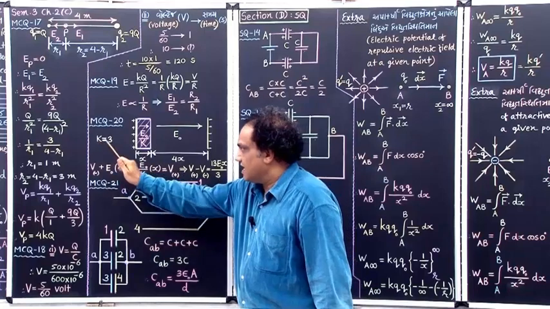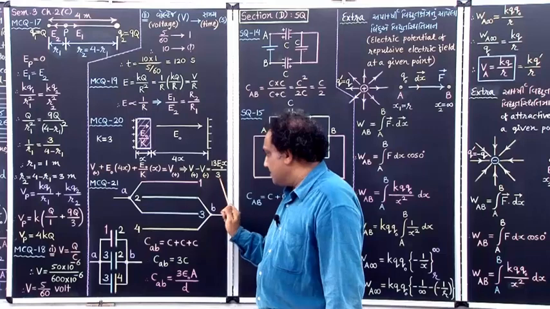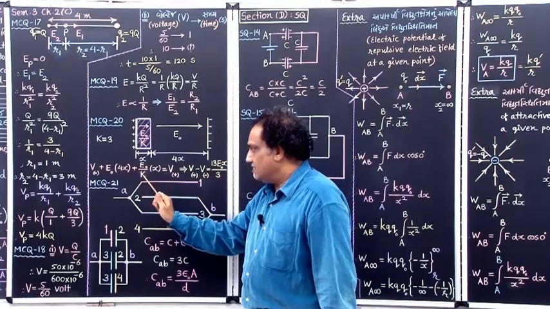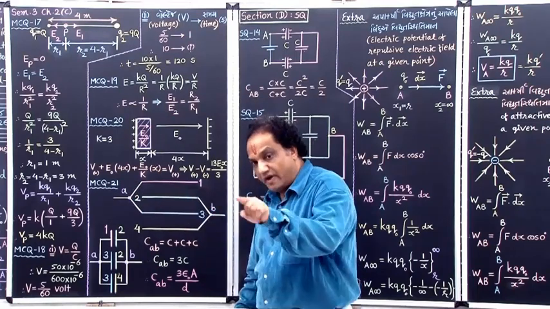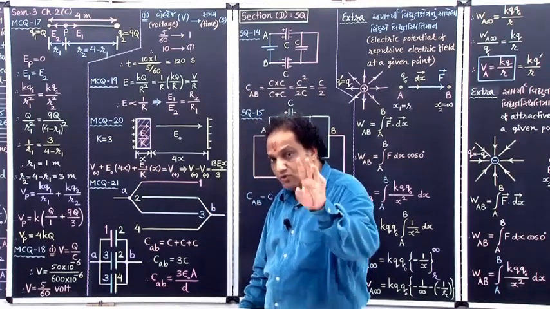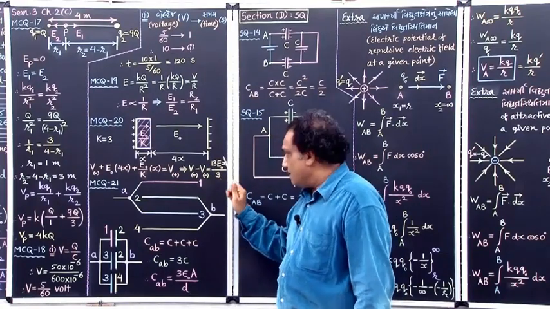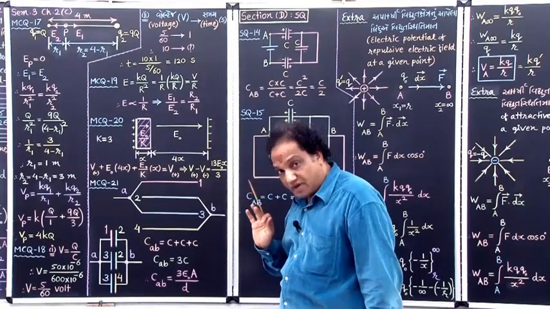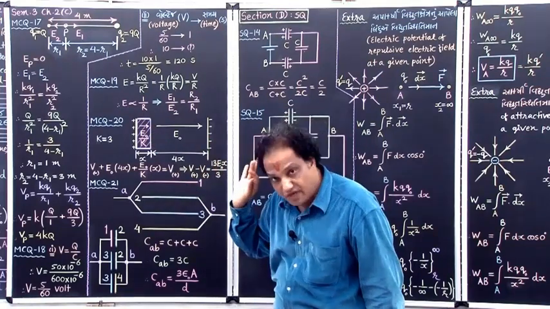In that you can just put K equal to 3, correct? Then 3 will be taken in LCM. 3 will be multiplied here. 3 4s are 12 E0x plus E0x, altogether it is 13 E0x upon 3. This much will be the potential difference between the charged plates of a capacitor in this case. Okay, fine.